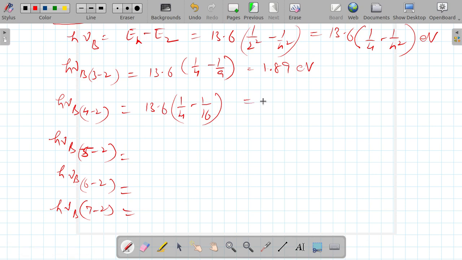And it is 13.6 by 4 minus 1 by 16, and its value will be equal to 2.55 electron volt, and it is 13.6 by 4 minus 1 by 25.